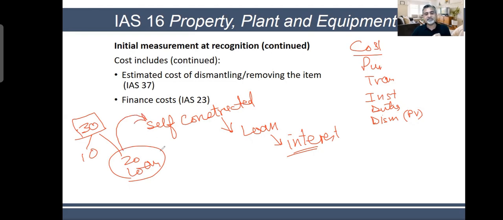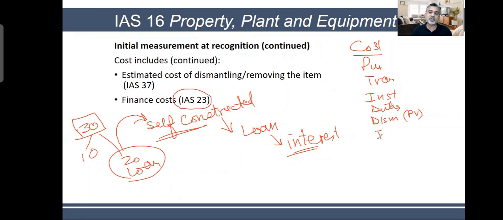So in that case, the interest on this loan is called borrowing cost, and we will discuss this standard separately, and I will explain the details. But here I'm only telling you that if you pay interest on any self-constructed eligible, qualified asset, as we call them, the interest which you pay will be added to the cost of the asset.